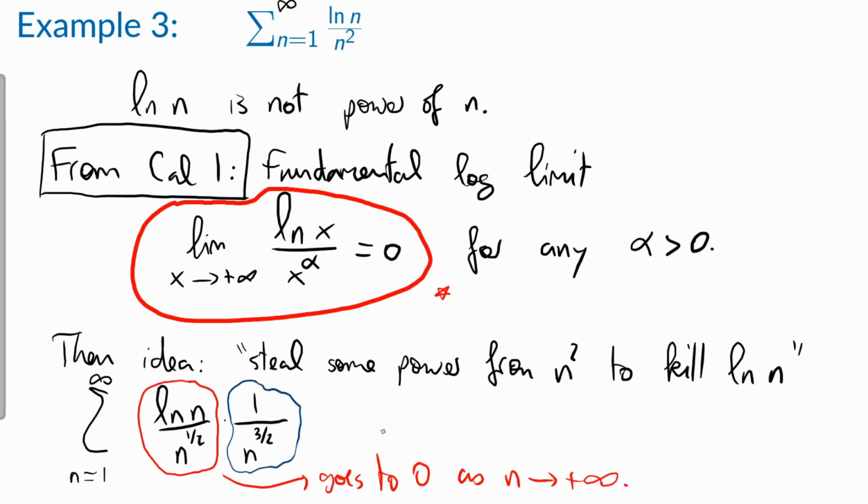Well, that also goes to 0, but that one is a p-series. So what we did was split it as something going to 0 times a p-series. And that's precisely what we need in order to use this other form of the limit comparison test. So we're going to compare with the series from n equals 1 to infinity of 1 over n to the 3/2.